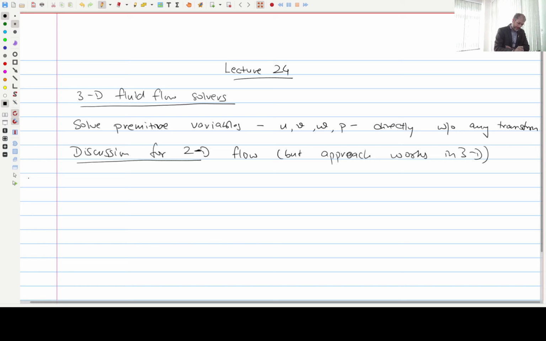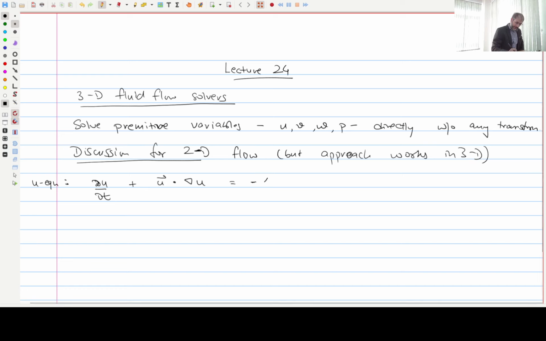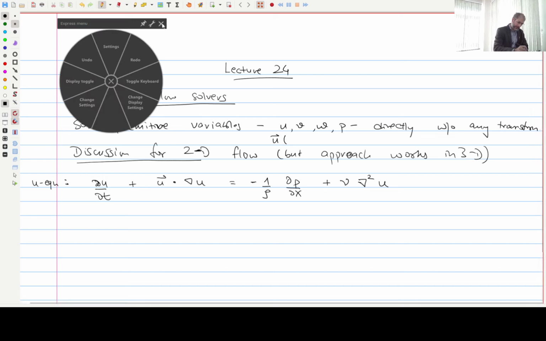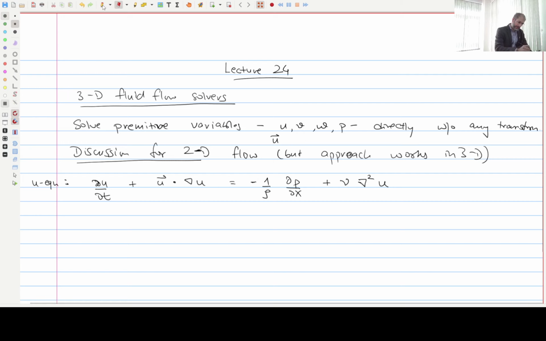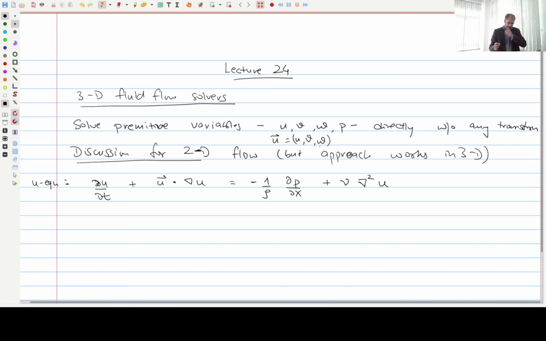So the first equation is the x velocity equation, or the u equation. The velocity vector, given as u vector, has components u, v, and w. In the previous lectures, I may have been using a v vector, but they mean the same thing.